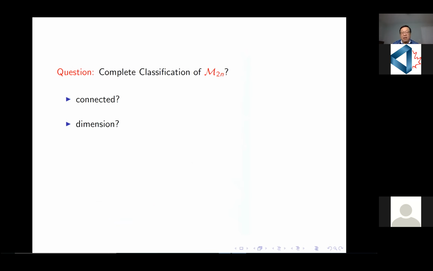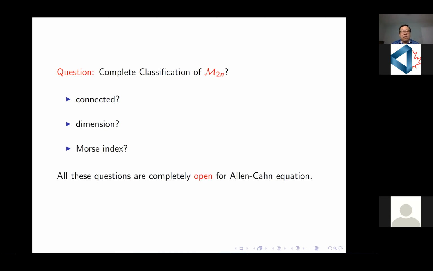And what is the Morse index? We know that finite Morse index solutions are finite-ended. So if I have a finite-ended solution, can we compute the Morse index? All these questions are completely open for Allen-Cahn.